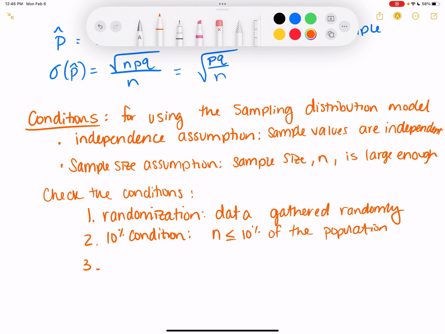And three, success/failure. So these will look pretty similar to what we had in the last one. At least 10 of each. So np is greater than or equal to 10, and nq is greater than or equal to 10.